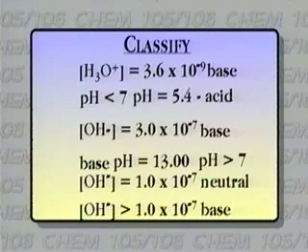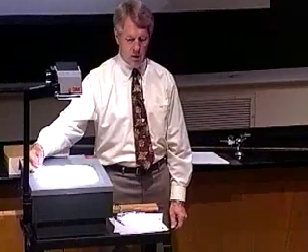The alternate choice would have been to convert from hydroxide to hydronium and look at this relationship, the hydronium ion. If we do that, and I can just plug this in real quick, the hydronium ion would be 1 times 10 to the minus 14 divided by 3 times 10 to the minus 7.